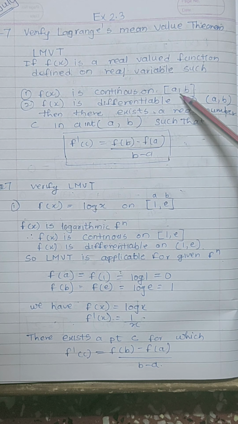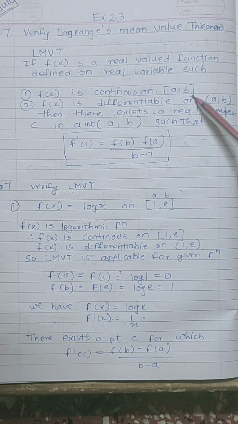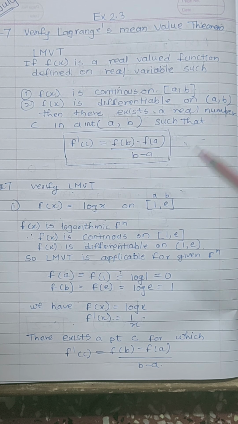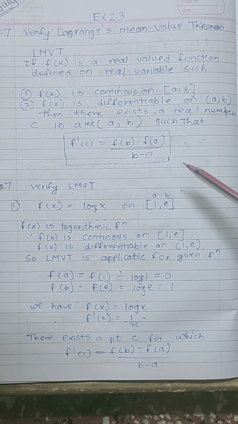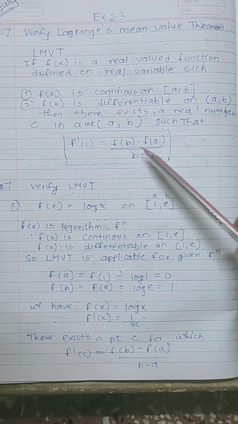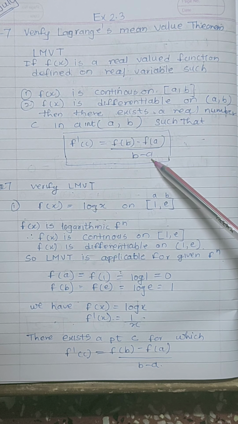So in a given interval, first is a and second is b. See the difference between Rolle's theorem and LMVT. Remember the difference so you will understand it. For LMVT, first two conditions are same, the third condition is not there, and f dash of c is equal to f of b minus f of a upon b minus a.